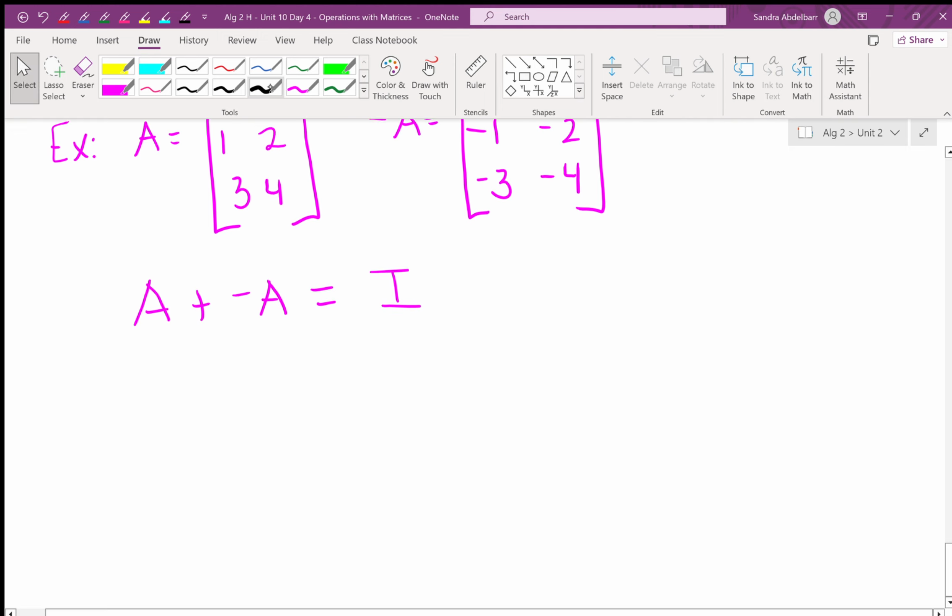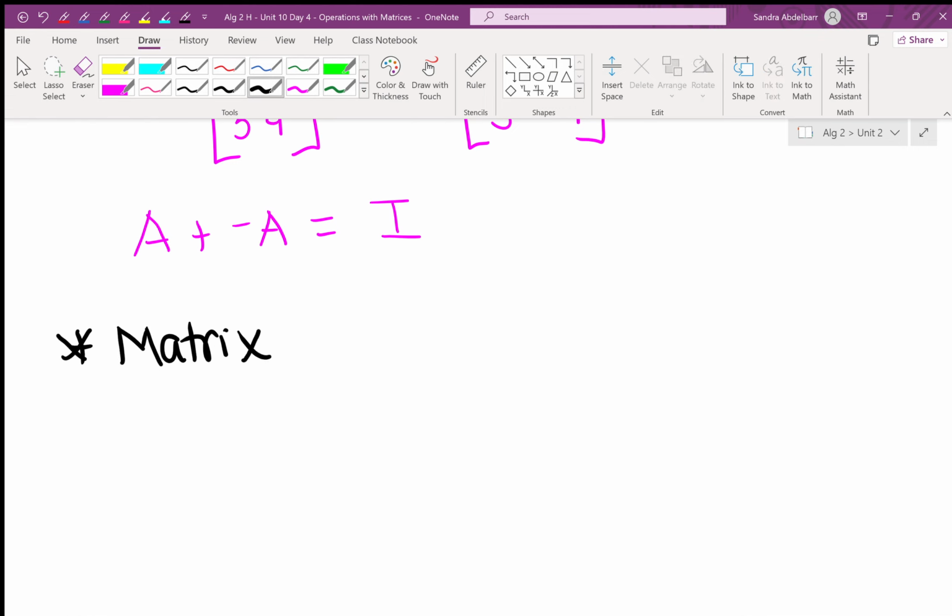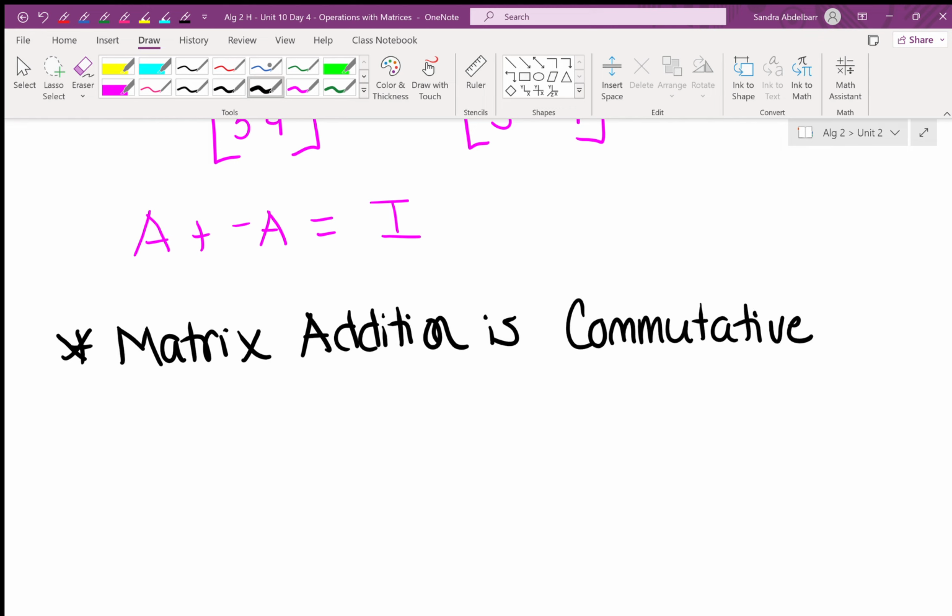All right, a couple things we need to know about matrix addition. Matrix addition is commutative and associative. Who remembers those words? What do they mean?